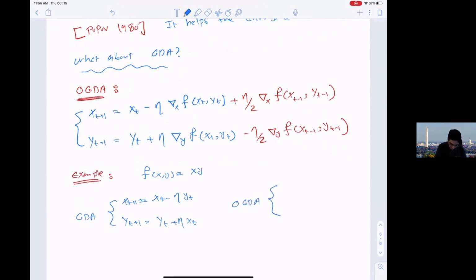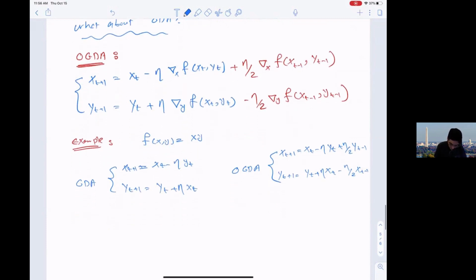You can just write the updates from the above equations. So xt plus 1 would be xt minus eta times yt plus eta over half times yt minus 1. And yt plus 1 would be yt plus eta times xt minus eta over half xt minus 1. So that's basically replacing the gradients with their values.